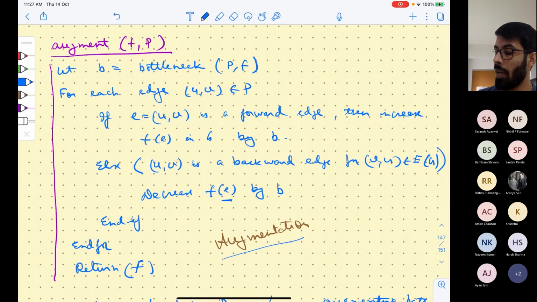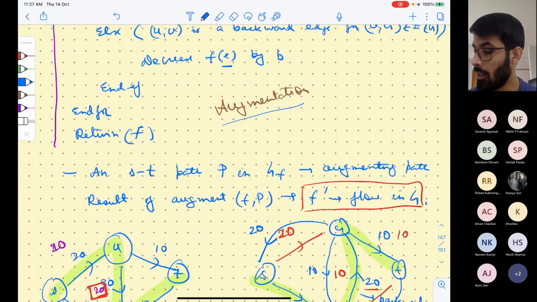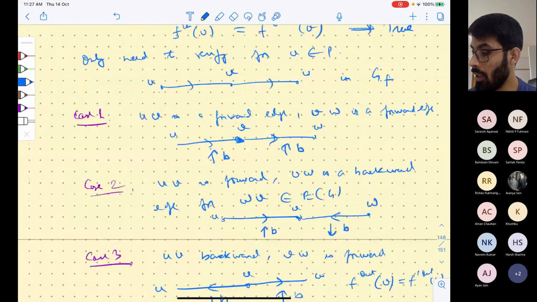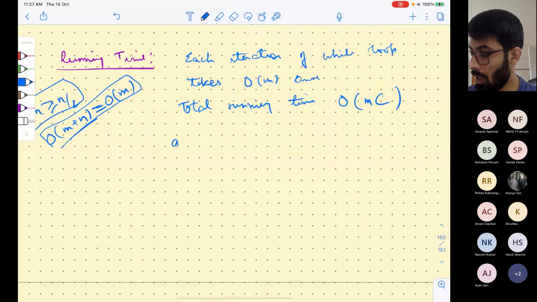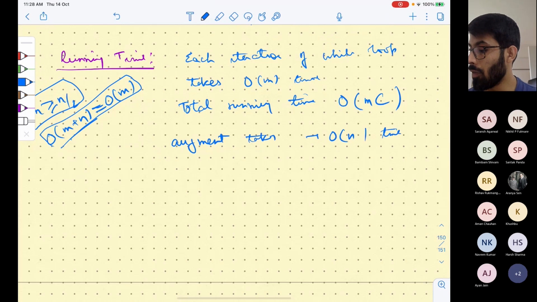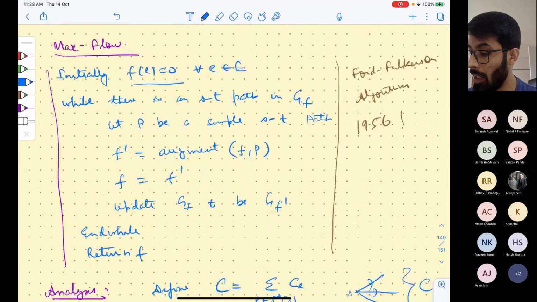So the augment takes n minus 1 time for generating this new flow. I'm just getting this out of the way first. So augment takes order n time, which is fine, which is at most order m anyway.